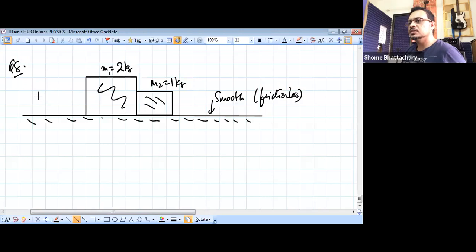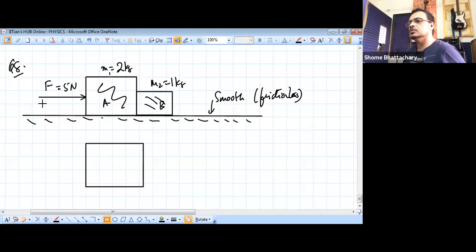The systematic way of solving this is like this: a horizontal force of 5 Newton is applied on block A, and block A is against block B. So what ends up happening here is that you are pushing block A with this force.